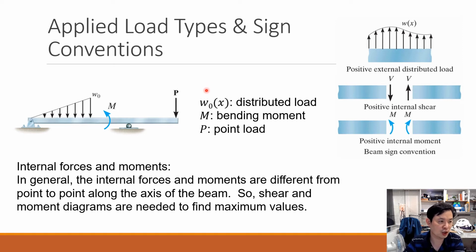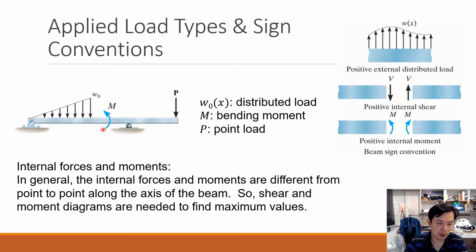So that is the challenge of our homework and our exam problems. But no matter how many types of applied loads, we can try to classify them into these three basic loading conditions. Distributed load is just like this one.